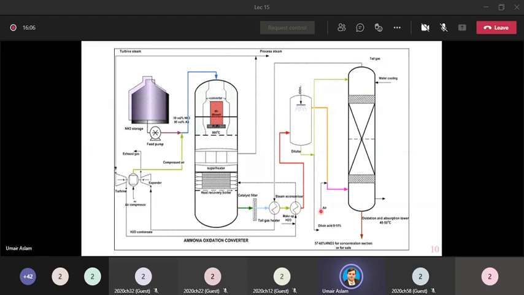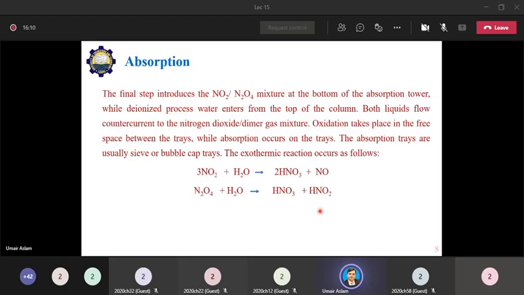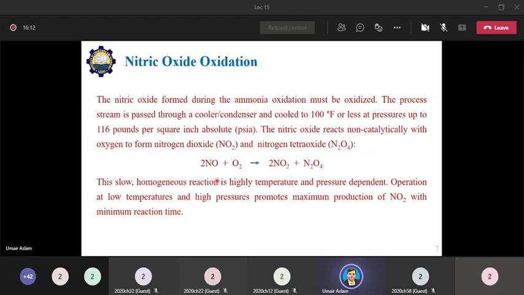So when nitric oxide will combine with air in the absorption column, where temperature is 100 degree F and pressure is 116 psi A, at these conditions, nitric oxide will react with oxygen present in air to form nitrogen dioxide and dinitrogen tetroxide.